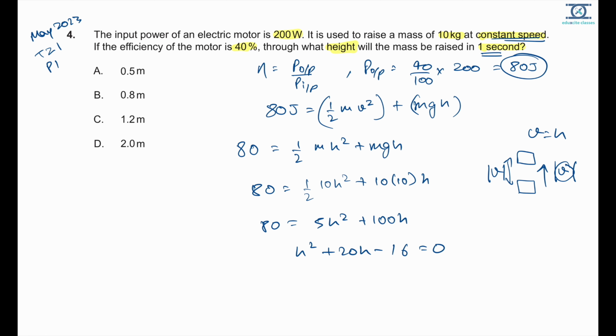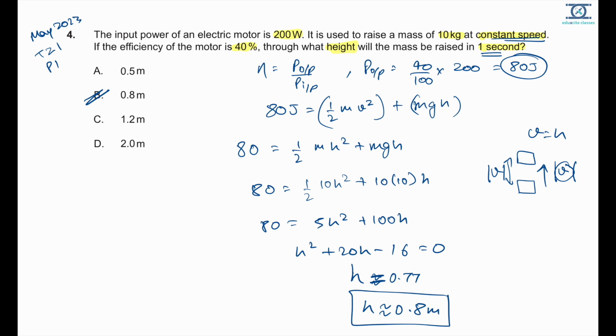Now if you solve this quadratic equation, the answer will be coming near to 0.77. It will come 0.77, or h can be nearly 0.8 meters.